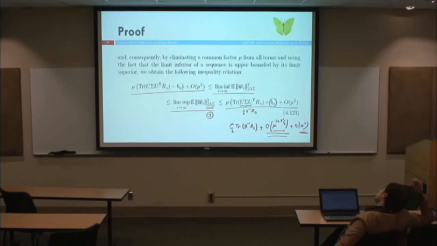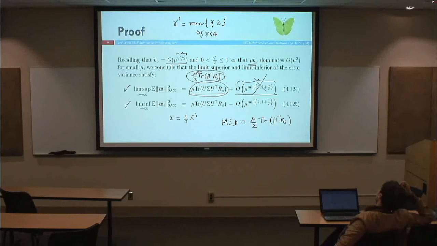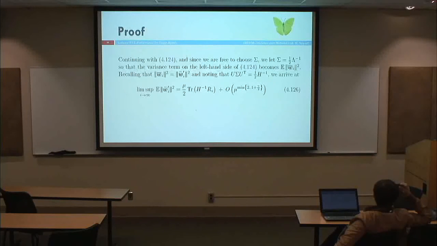So this we got from these bounds. And remember what I said earlier today, that I'm going to show later that the lim sup and the lim inf are given by these expressions: the lim sup is some mu times some MSD bar plus some higher order term of mu, and the lim inf similarly.